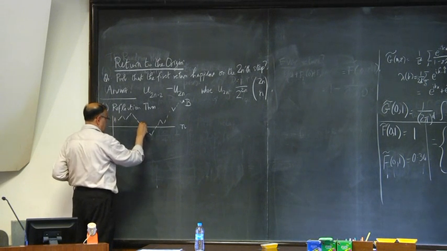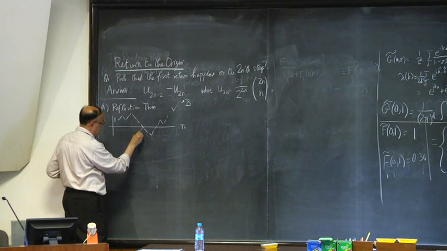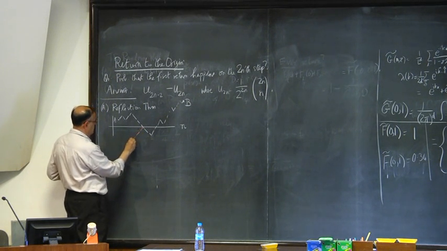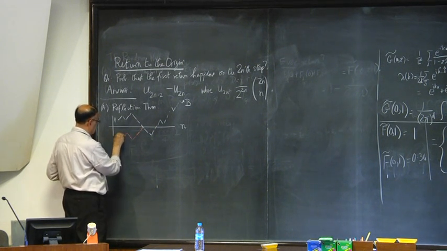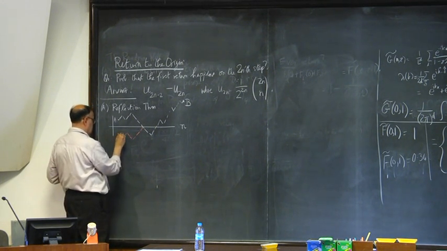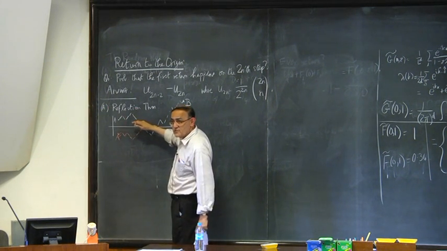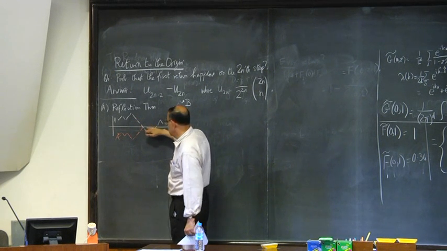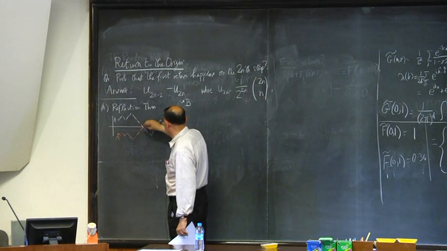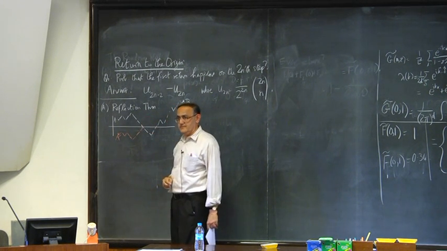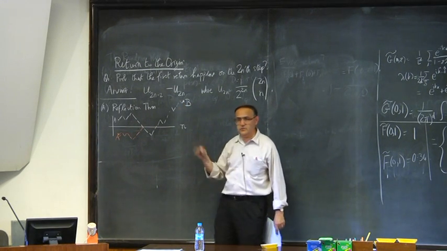If you crossed at this point, just reflect this. Reflect only the portion of the path which crosses the axis for the first time. The rest, let it cross as many times as you like, we don't care.